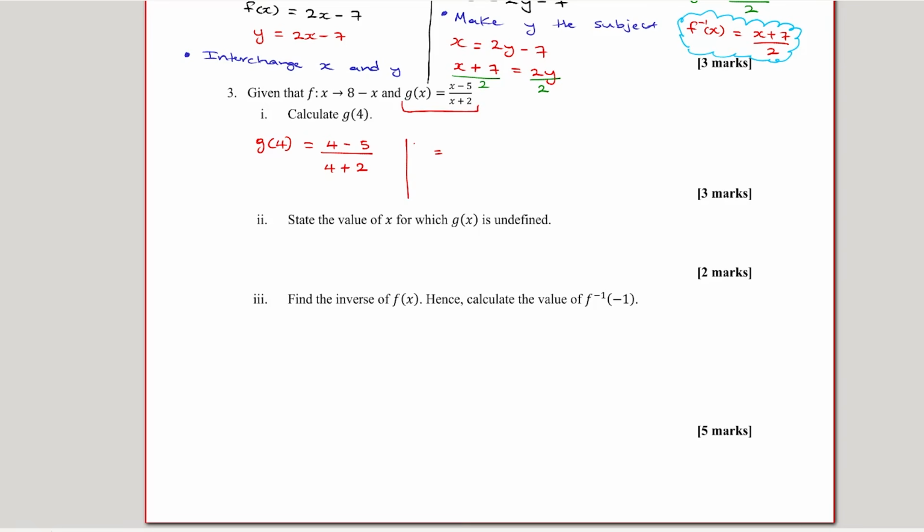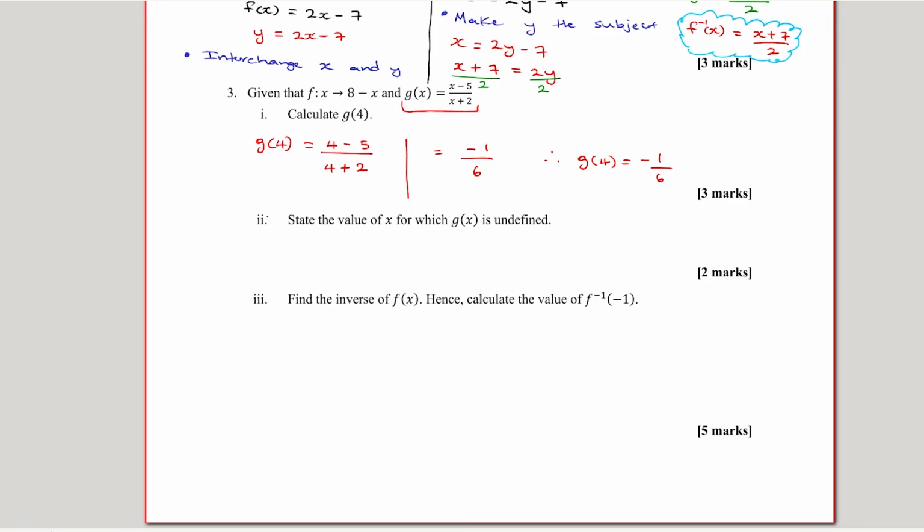So 4 minus 5, that's negative 1. 4 plus 2, that's 6. So therefore, g of 4 is equal to negative 1 over 6. And that's it, 3 marks.